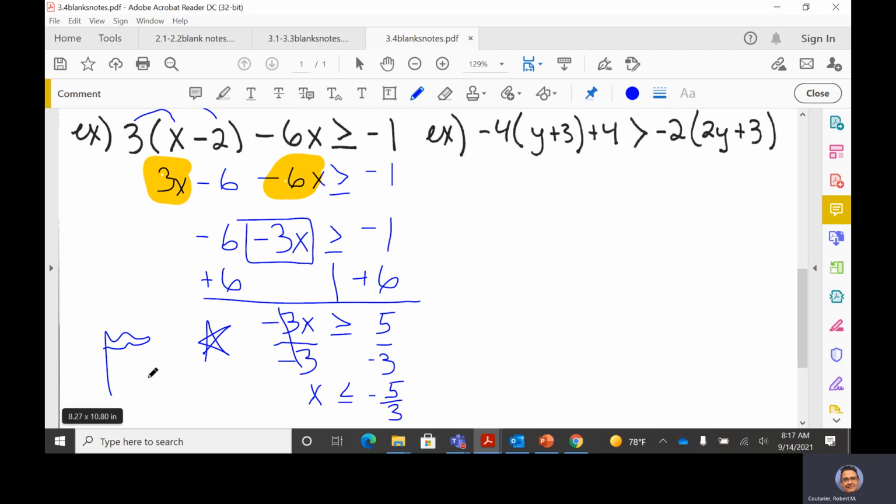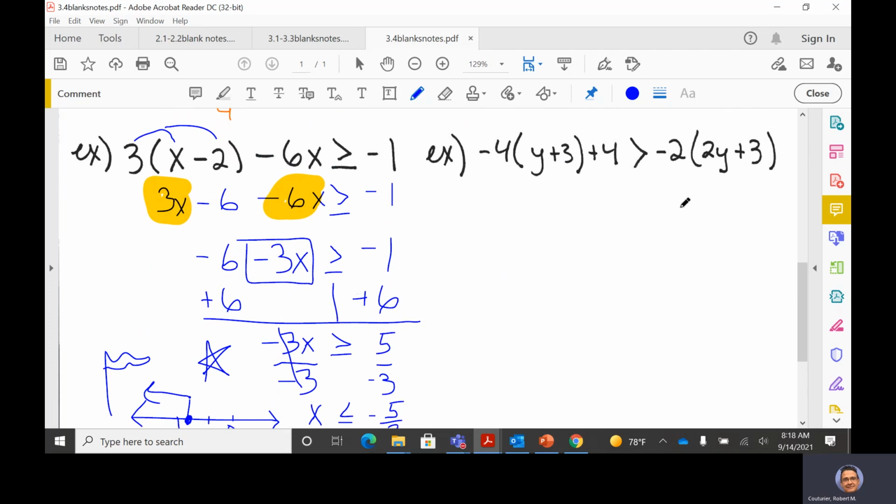So if you had to identify a graph on your homework, you'd have 0, 1, -1 and -2. You would know that this is a solid dot, probably somewhere right about in here, and it's pointing in this direction.